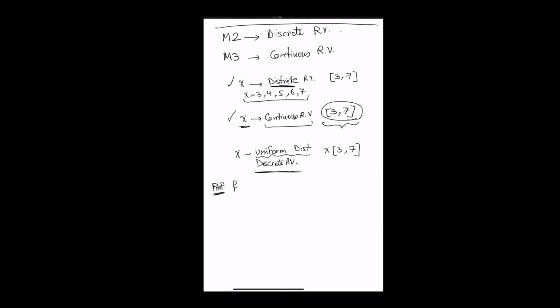It's a discrete random variable, so we call it the probability mass function. What is f of x, which is the probability of x equals this lowercase x, which is a specific value? How do we calculate this?